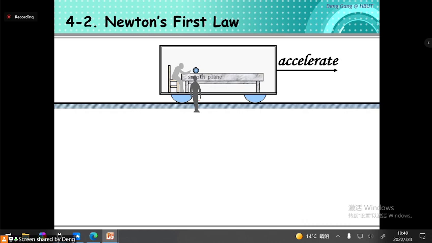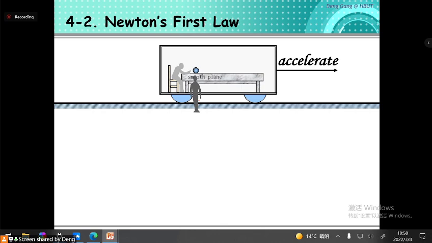He believes that there's still no force on this object because it's a smooth surface, and in the vertical direction, the normal force and the gravity balance each other. So there's no net force on this object. But why originally it is at rest and now it is moving?